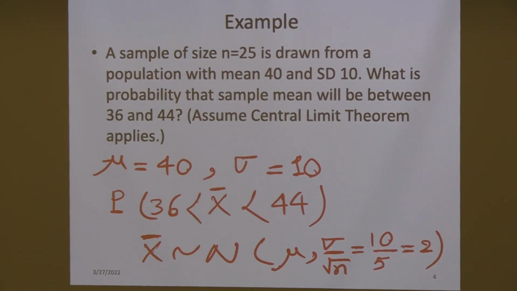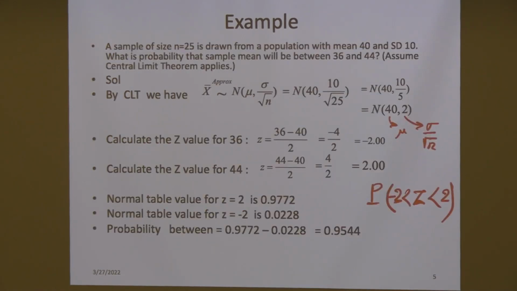So the mean is going to be 40, and the standard deviation for x bar is going to be 2, okay? Now, if we go to the next slide, we can easily do this using the Z table, right? This is something that we have done before, so I'm not going to spend time on this.